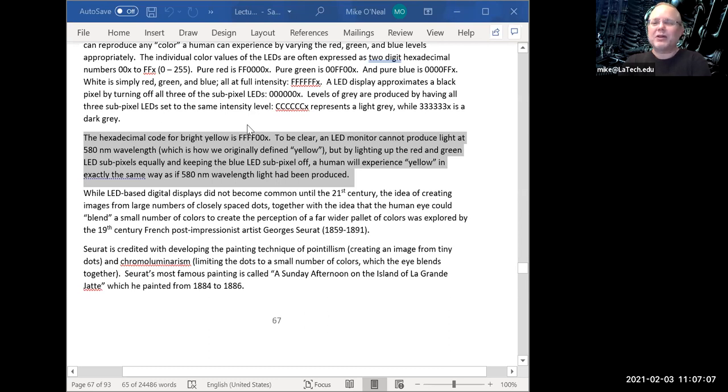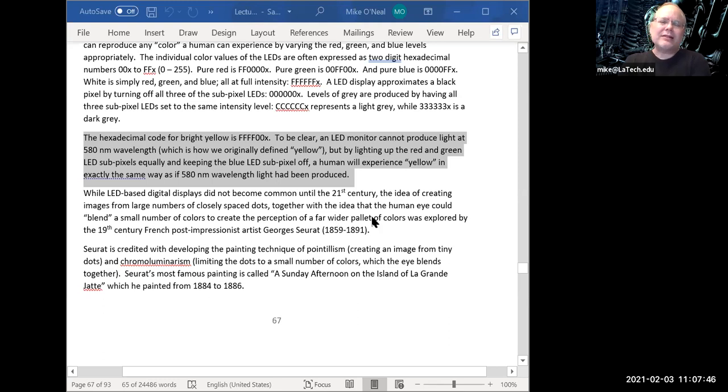It's a red, a green, and a blue subpixel that are so close together that when they're all shining at the same intensity, your brain puts those together and says, oh, that's white light. Because how does your brain perceive white light? It perceives white light because your red, green, and blue sensors are all doing as happy a dance as they possibly can. So they're all three excited. That's how you see white.